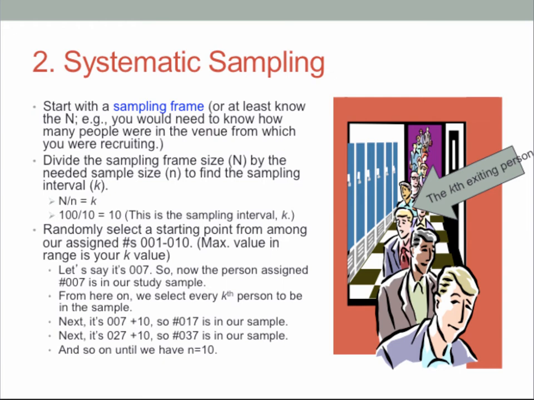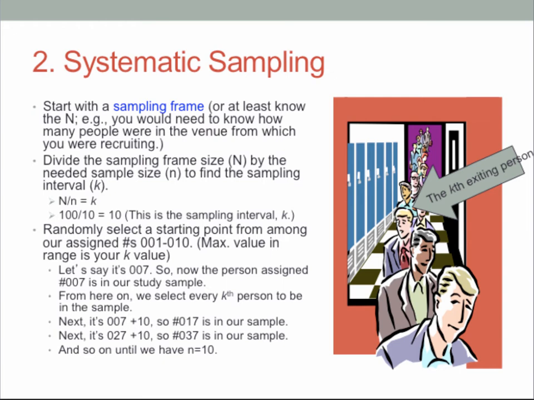But you knew how many people came into your room, or you have in your sampling frame. Then we're going to divide the sampling frame by the needed sample size to find the sampling interval. So if we knew we had 100 individuals and we needed a sample size of 10, we would divide 100 by 10 to give us our sampling interval, which in this case is denoted as K.